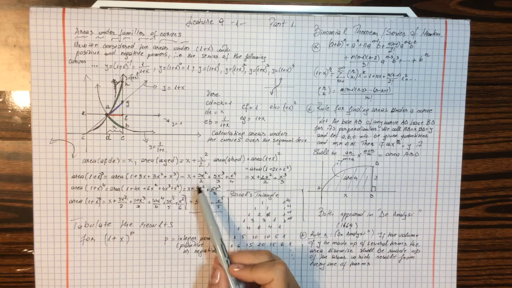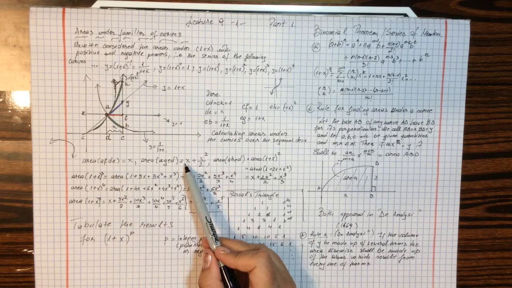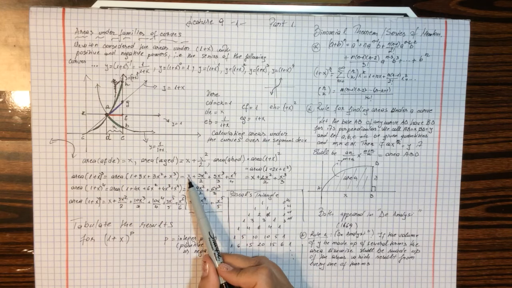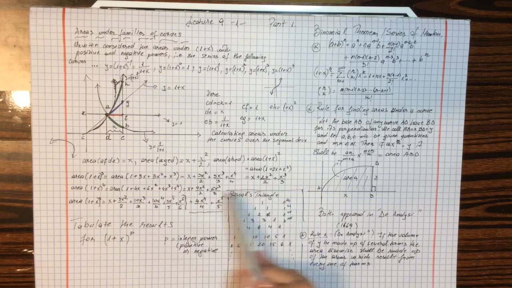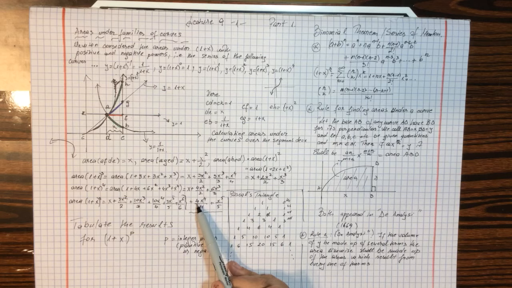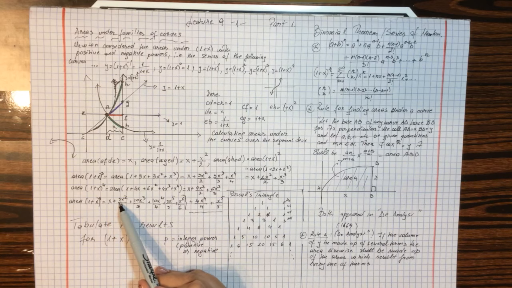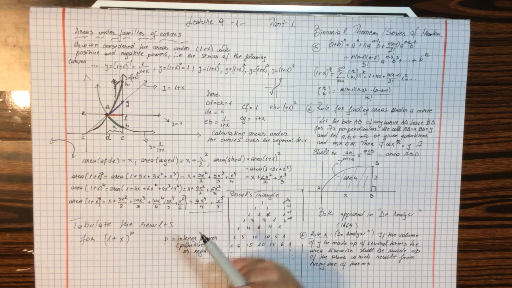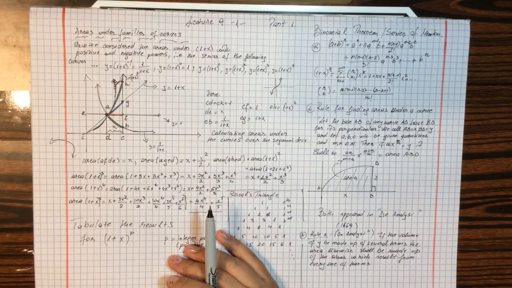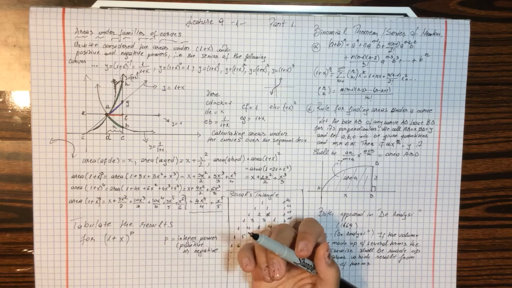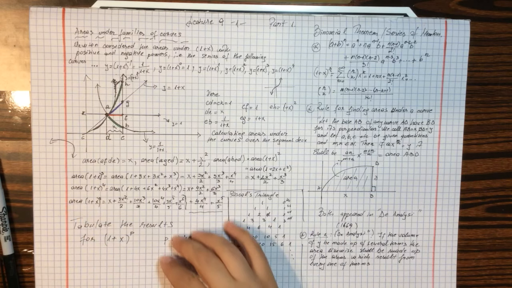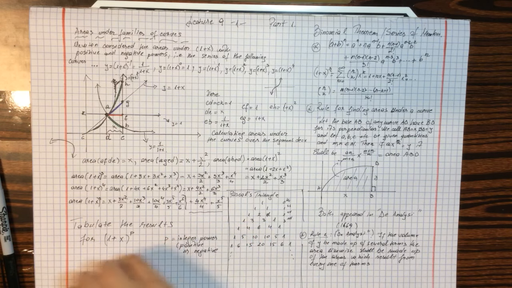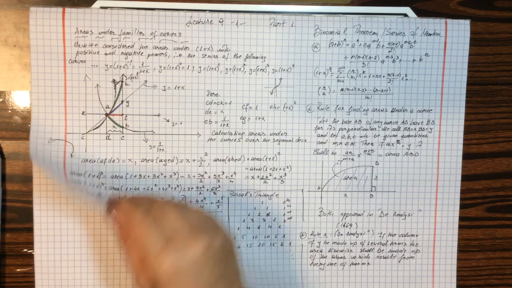Here I have 1, here I have 1 and 1, here I have 1, 2 and 1, here I have 1, 3, 3, 1, here I have 1, 4, 6, 4, 1, and here I have 1, 5, 10, 10, 5, 1. As you can see, the coefficients in the numerators for each of those areas obey Pascal's triangle. So now we are ready to tabulate the results, and I'm going to tabulate the results on the next page.